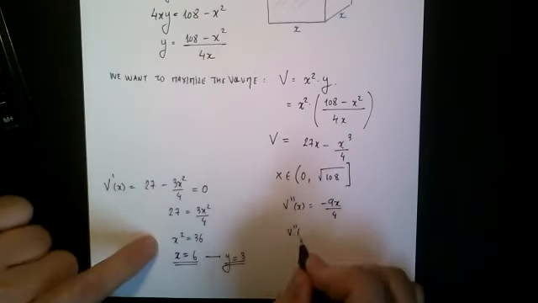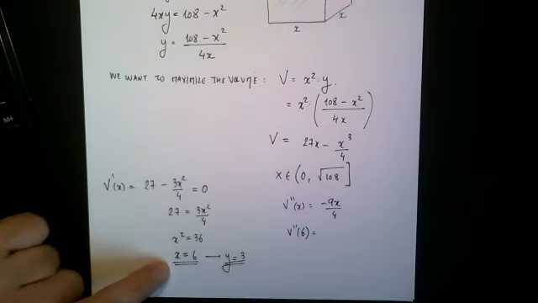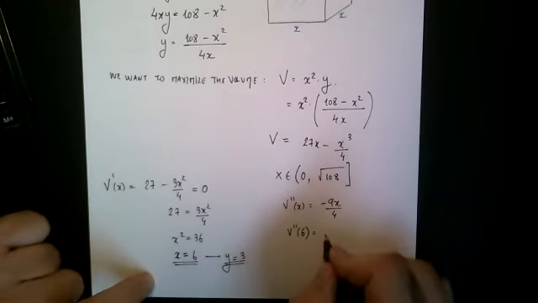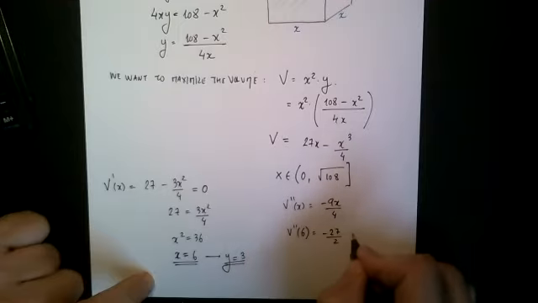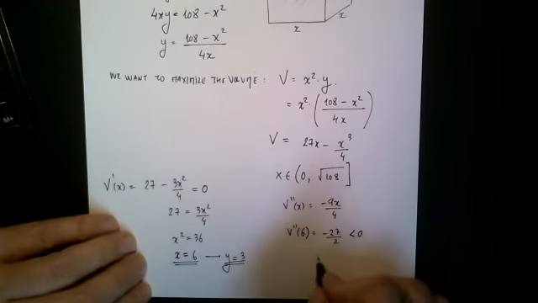And then V double prime at 6 gives me negative 27 over 2, which is definitely negative. And so I have a maximum.